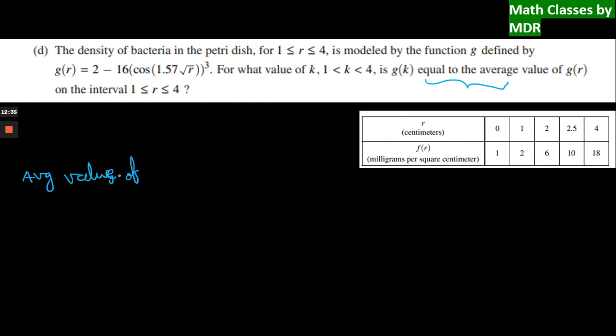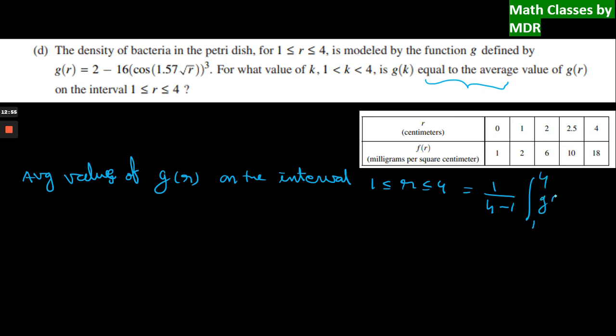The average value of g of r can be written as 1 by (4 minus 1) times the integral from 1 to 4 of g of r dr. This is the average value of g of r.